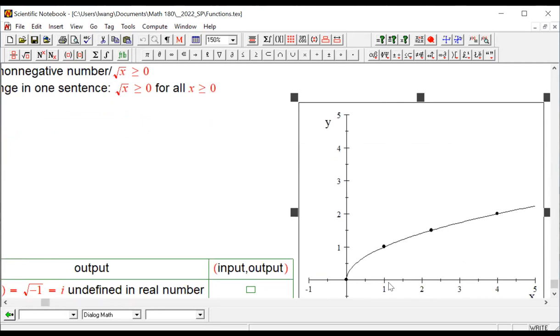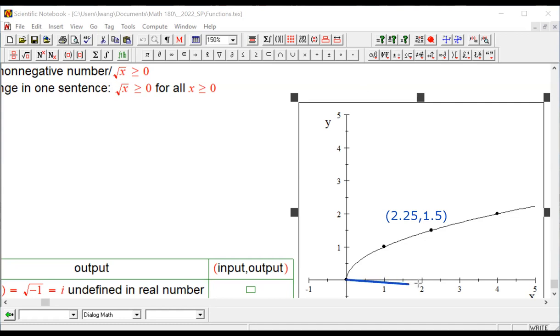And you can see in this picture, take a typical point. I'm going to take this point: 2.25, output is 1.5. And what is 2.25? 2.25 is a horizontal measurement. Input, okay, let me use a blue color so this will be more consistent.